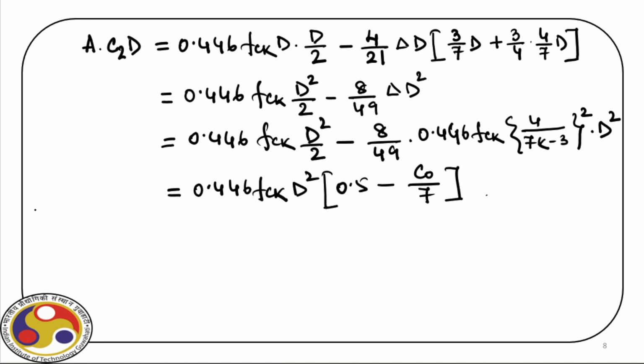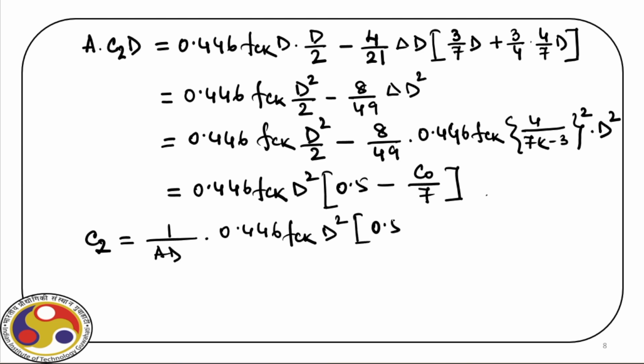So now we have the expression for C2. So C2 is 1 by AD times 0.446 FCK d square within bracket 0.5 minus C0 by 7.